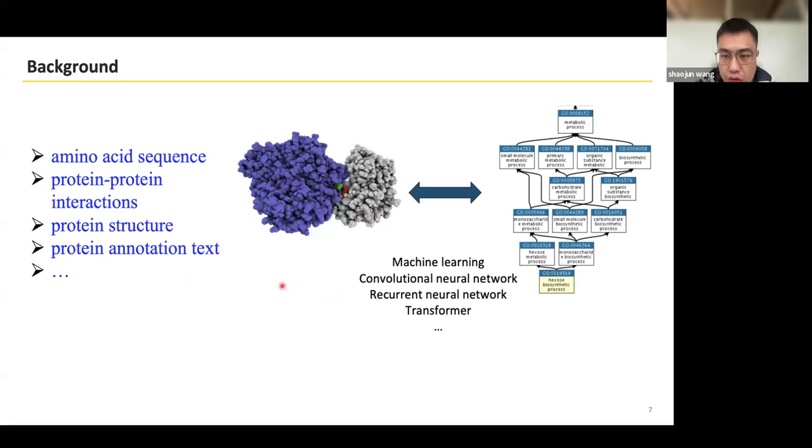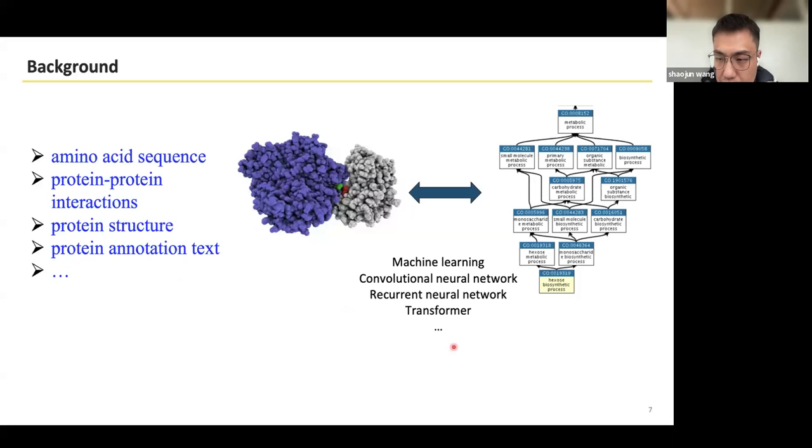So in order to deal with the problems and make prediction more efficient, it's a good idea to use different sources about proteins to achieve high-performing prediction, such as amino acid sequence, protein-protein interactions, the protein three-dimensional structure, the protein annotation text, and so on.